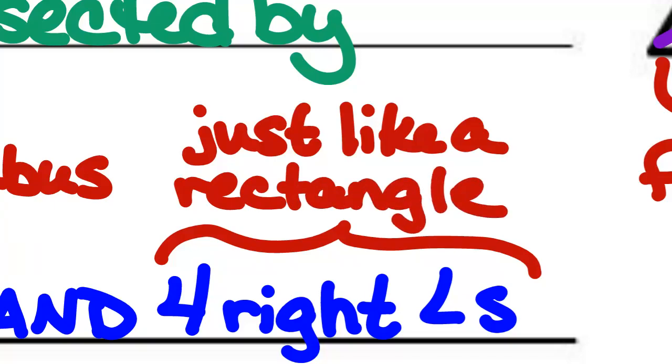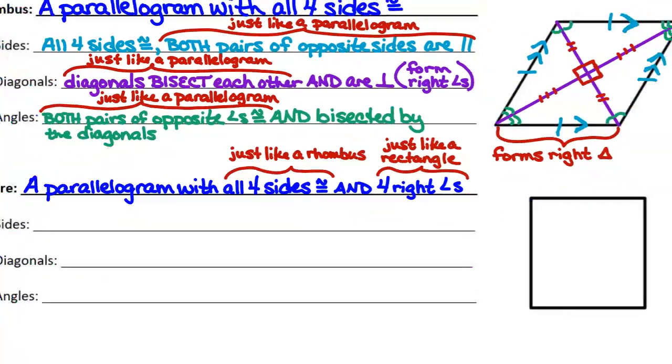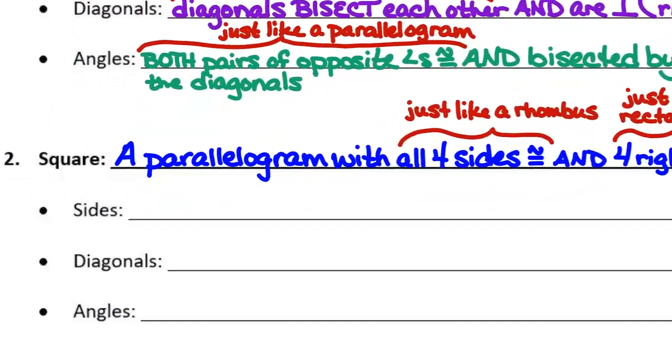So it's going to have all the properties of a parallelogram, all the properties of a rhombus, and all the properties of a rectangle.